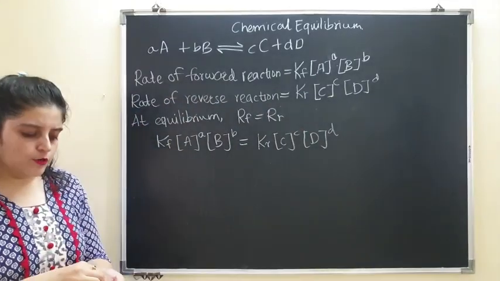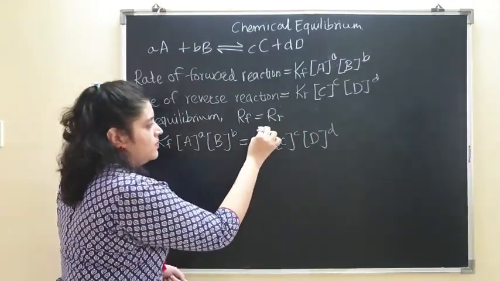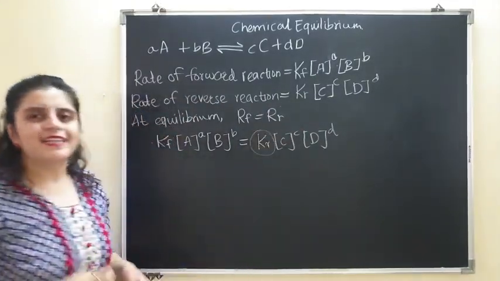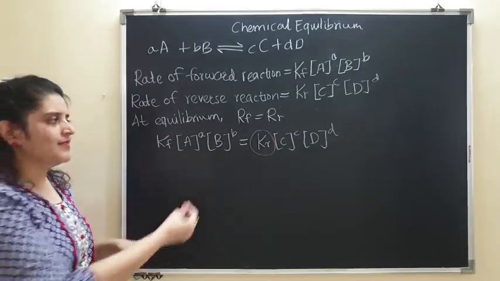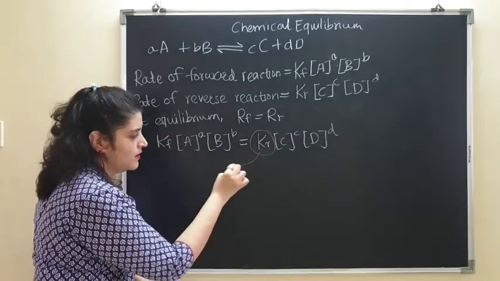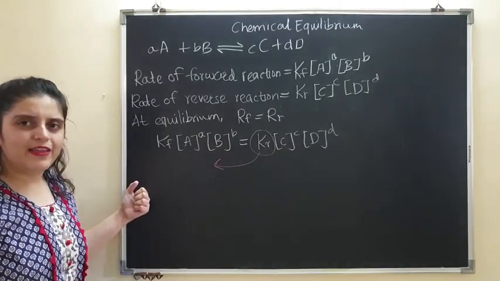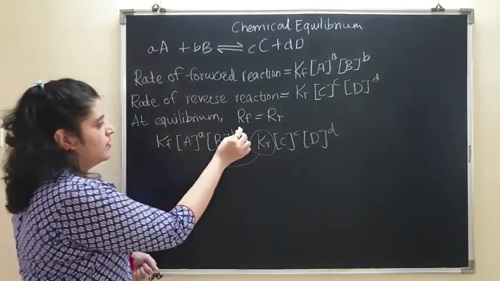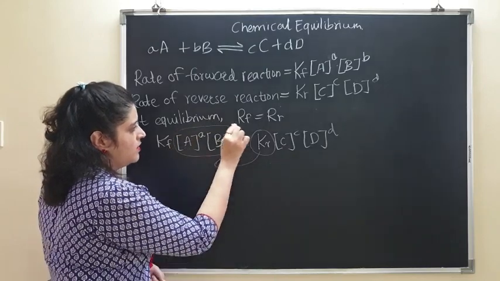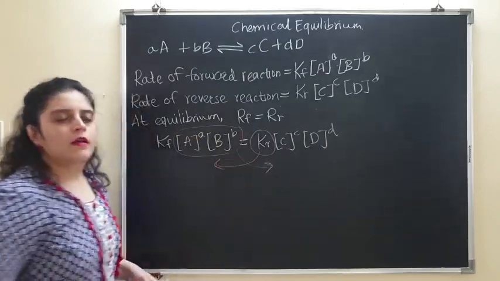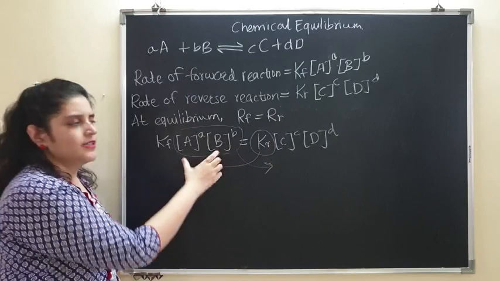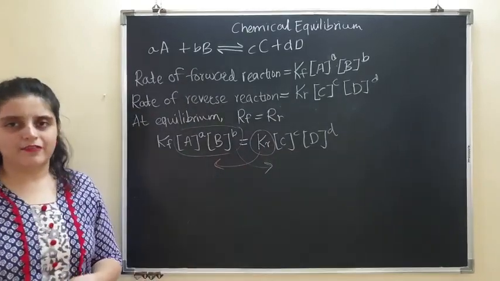Now what we are going to do is we will take this constant on one side. Kr is a constant. We will take this constant on left hand side of the equation and we will take these concentration terms on right hand side of the equation.